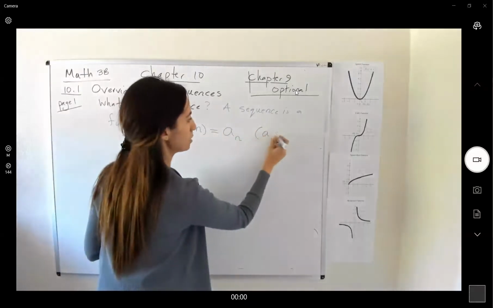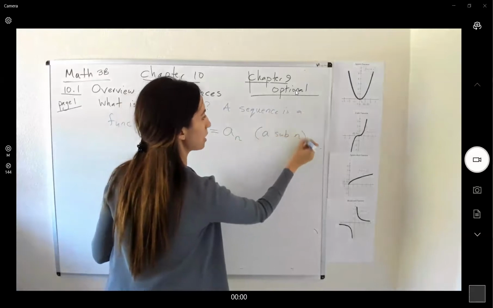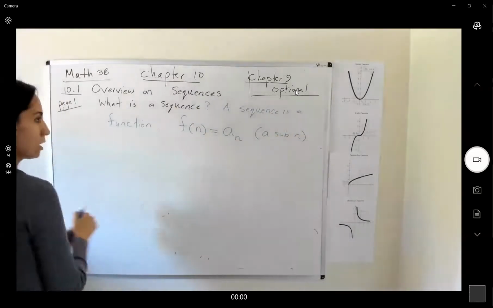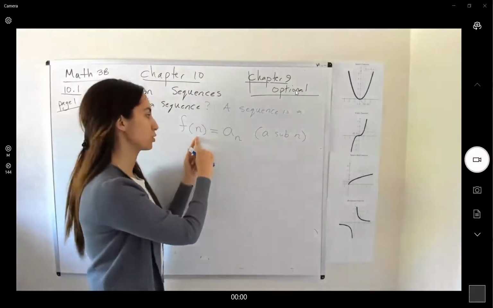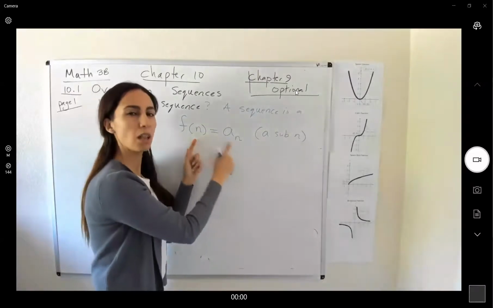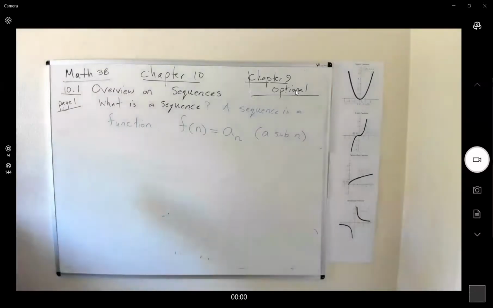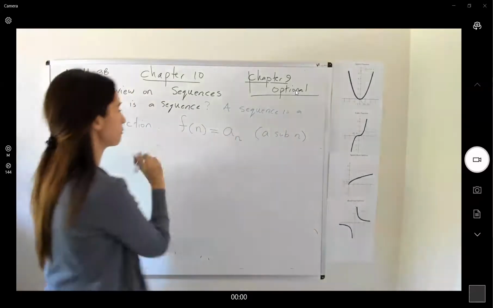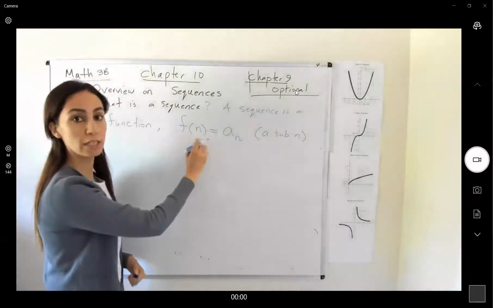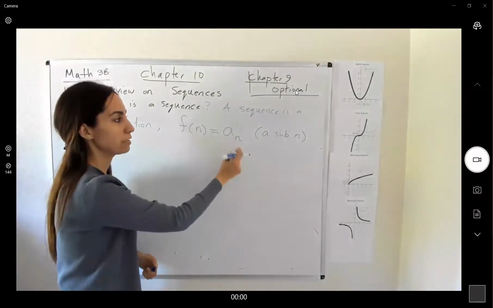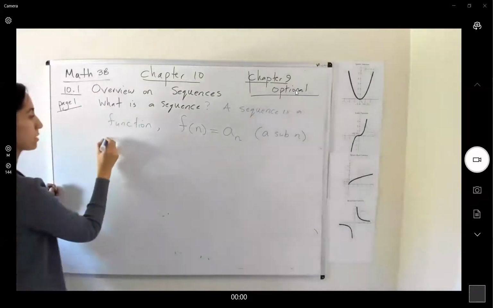Instead of using x, we're using a variable like n. There is a reason for that.